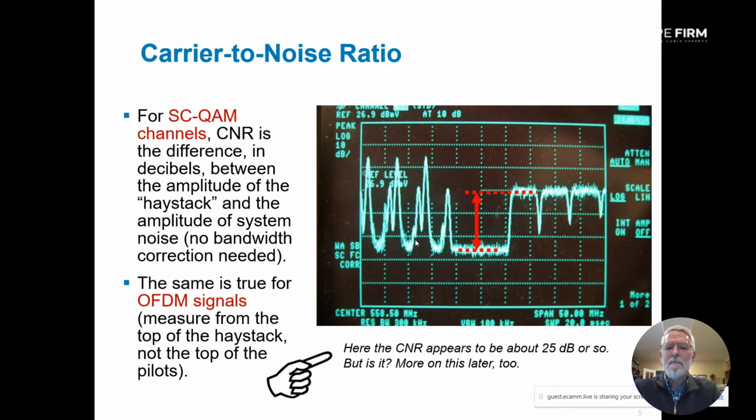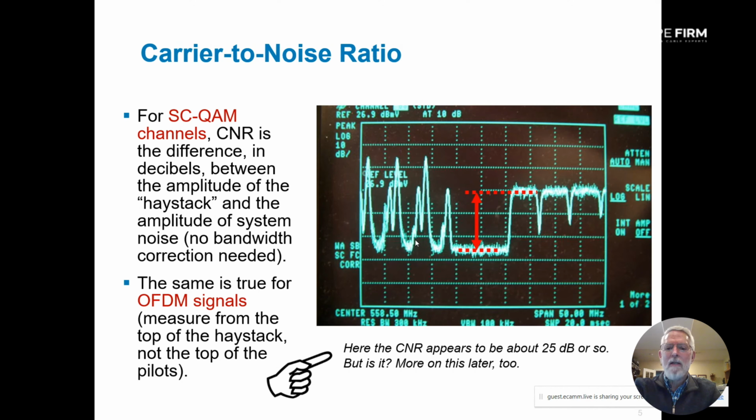If you wanted to get really picky about it, you could use the marker noise method in the spectrum analyzer and measure the noise power of the SC QAM signal in a 1 hertz bandwidth and the noise power of the noise floor in a 1 hertz bandwidth. There's some adjustments you have to make to the analyzer settings to do that, but that's the most accurate way if you really want to get real accurate.